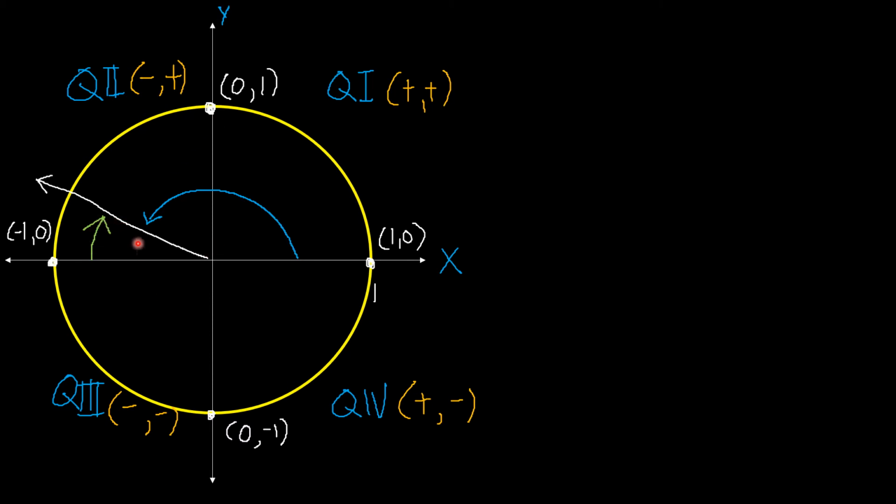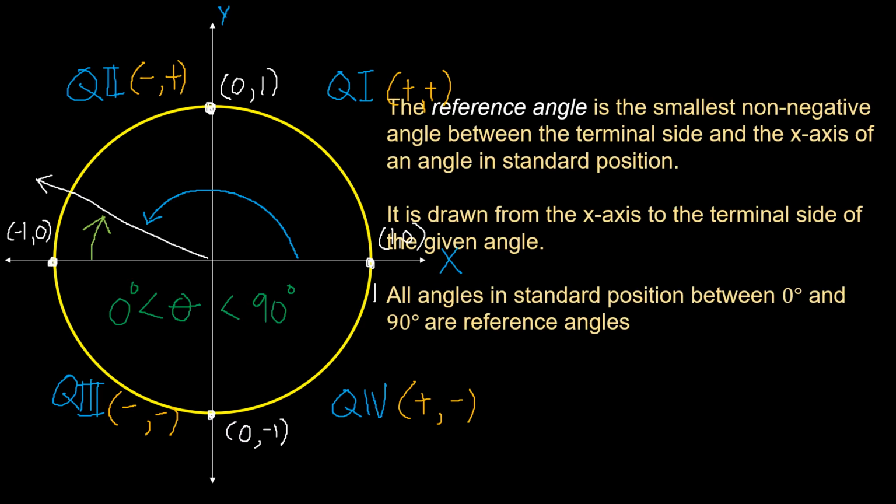When you find all of these small acute angles, the measurement of that angle is less than 90 degrees but greater than 0 degrees, meaning it's an acute angle, and we are referring to what we call the reference angle in that case.